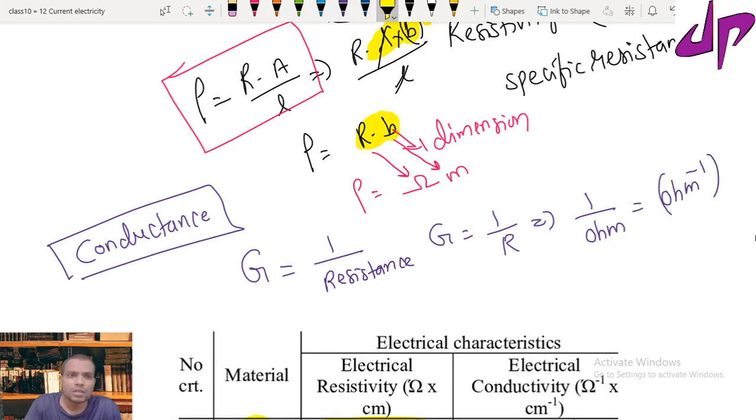This is the new definition, conductance, the reciprocal of resistance. Its units are ohm inverse, also known as Siemens.